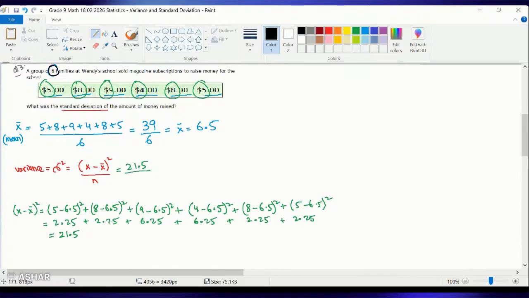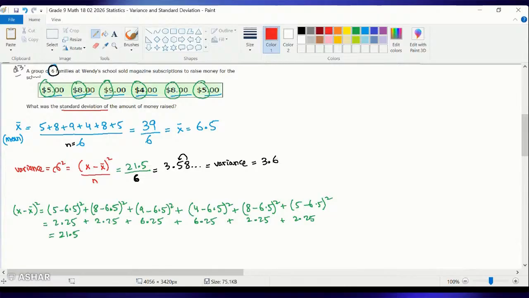So in place of this number, can we write 21.5 divided by n? N was 6, which we already know. 21.5 divided by 6 would be 3.58, and so on. This rounds up, and the variance comes out to be 3.6.